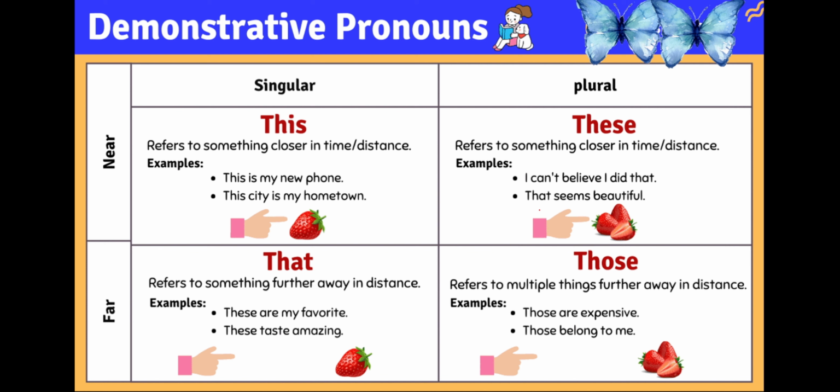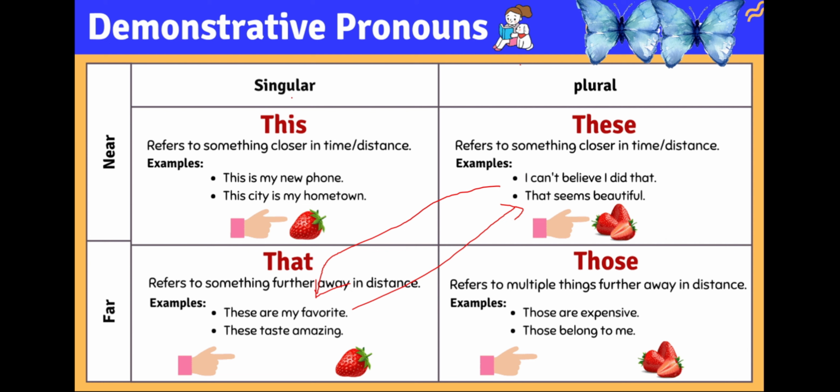And we have singular far, which refers to something further away in distance. There is a little mix up here in the examples, so we just have to bring the arrow down and interchange them.